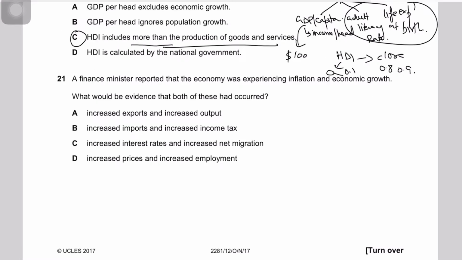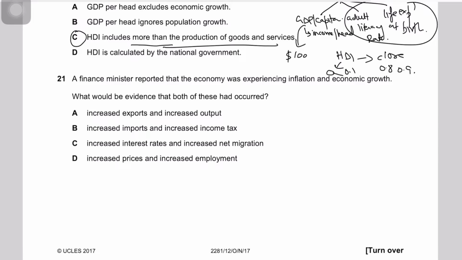Okay, so question number 21 says a finance minister reported the economy is experiencing inflation and economic growth. Inflation is when your price level is rising, things are getting expensive, and economic growth is when your GDP is increasing. What would be the evidence that both of these had occurred? Now, increased exports and increased output.